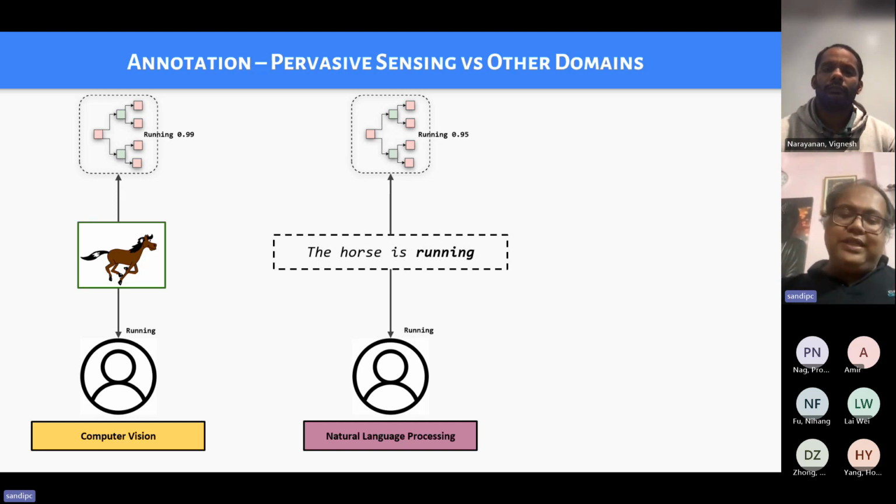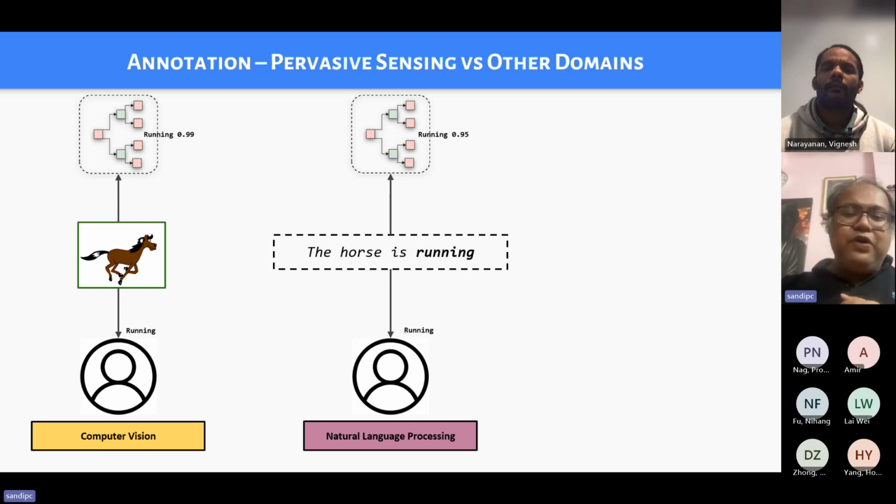Similarly, in natural language processing, you have certain text which is given, and you need to label that text, maybe activity labeling, or even different kinds of labeling. There is a lot of work on hate speech detection. You want to label a particular text as hate speech. So you label the text, and the same text is used for your model training purpose.